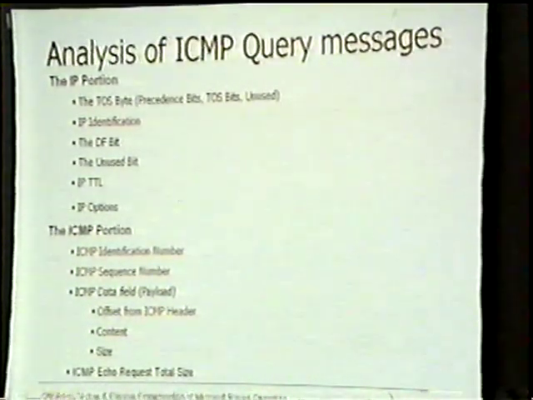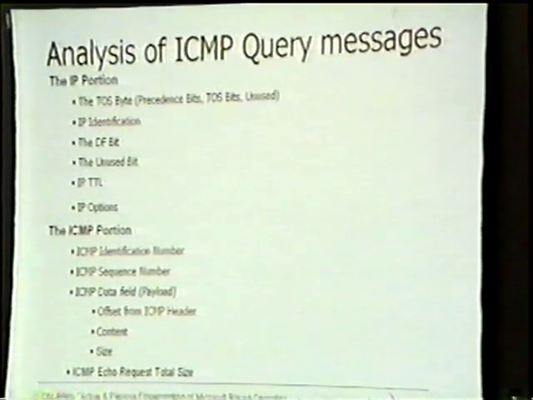But if we look at the ICMP portion, we will be more than happy to discover that we have some excellent stuff to work with. ICMP ID, ICMP sequence number. Now, the RFC states that ICMP ID should help us to differentiate between a stream of ICMP query messages sent to one host and to another. This means that one host will get assigned one number and the other will get assigned another.